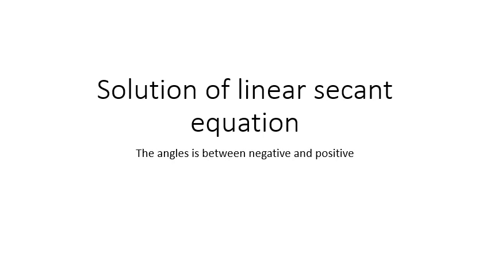Hi, hello everyone. In this video, we discuss an example for solution of a linear secant equation. The angles can be negative and positive values. That is, theta or x is between negative 180 degrees and positive 180 degrees, both inclusive, if possible.